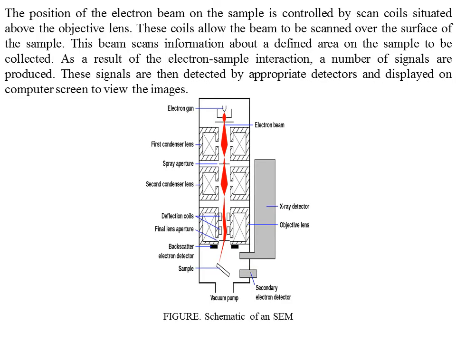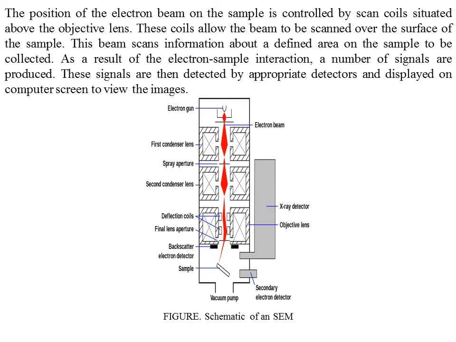The figure shows the schematic of a scanning electron microscope. We can see in the figure that at the top of this column we have the electron gun, which produces the focused beam of electrons. Below that, the red color indicates the electron beam. As we see, when it goes down and reaches the object, it is being converged.